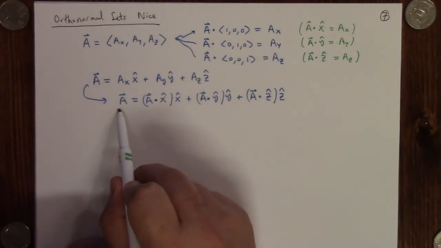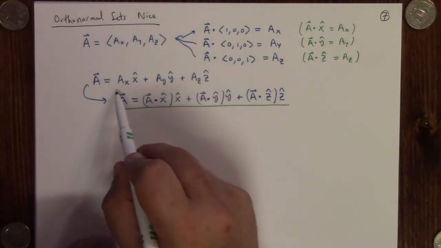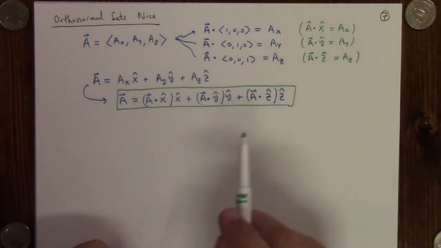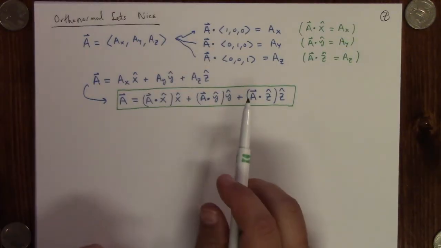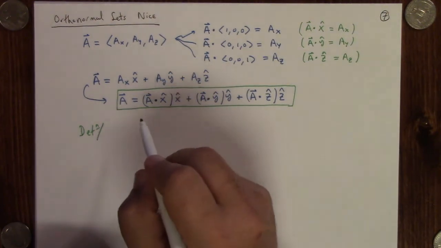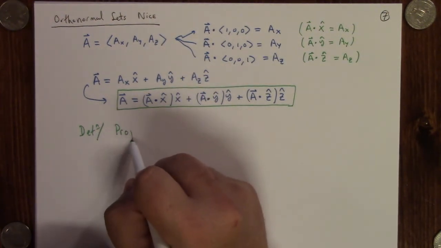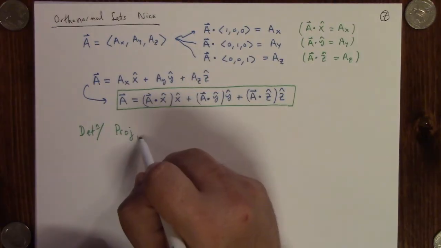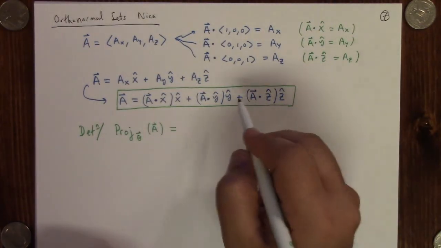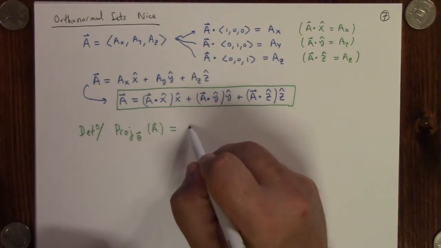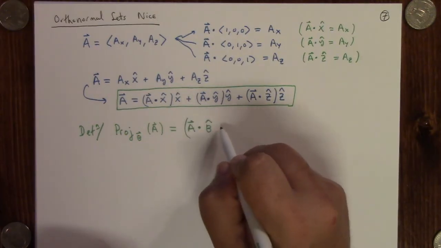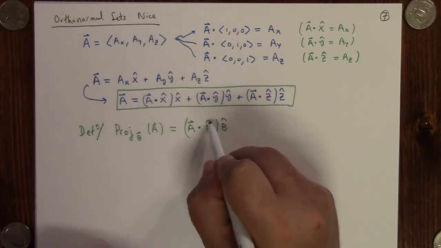So this is a very nice insight, because if you want to calculate the component of a vector in a particular direction, all you need to do is take the dot product with the corresponding unit vector. Now this leads us to a more general definition: the projection in the b direction of the vector A is A dot the b unit vector, put in the b unit vector direction.